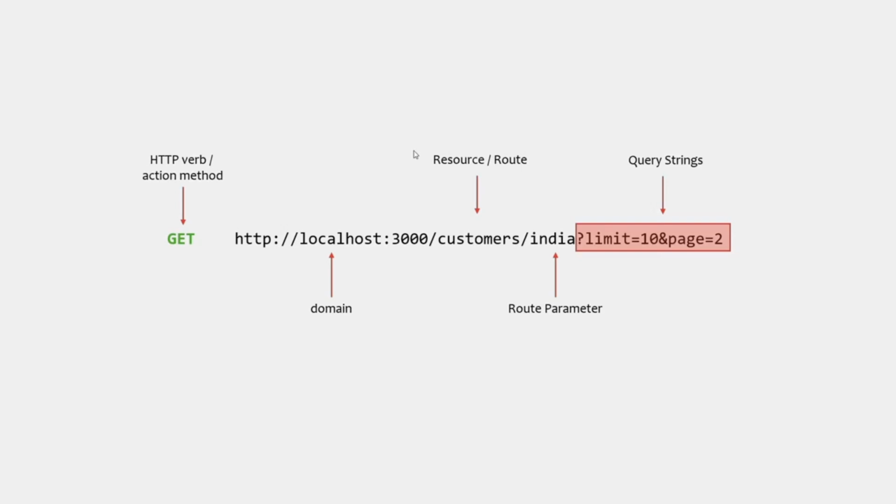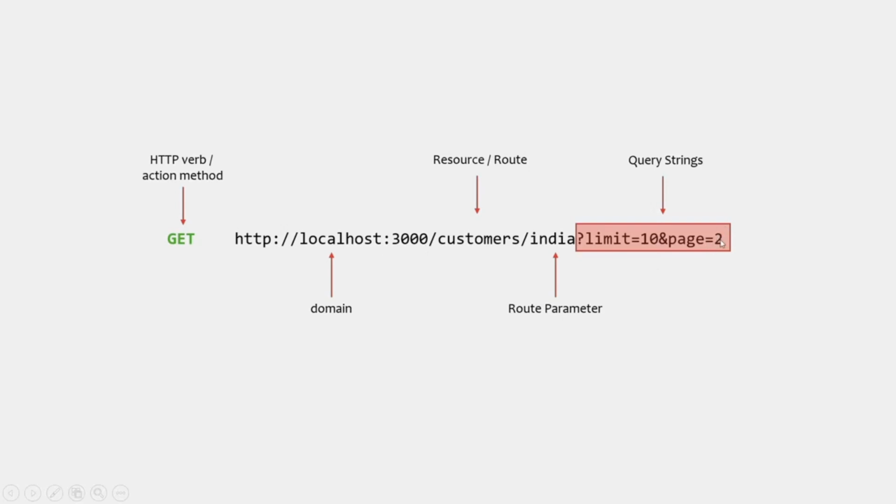So here what we are telling using this query string is, send me all the customers who are from India, but don't send me all the customers at once. Instead, send me only 10 customers from page 2. So from the database, the API will select the customers from 11 to 20 because page here is 2, and then it will send those customers in the response.